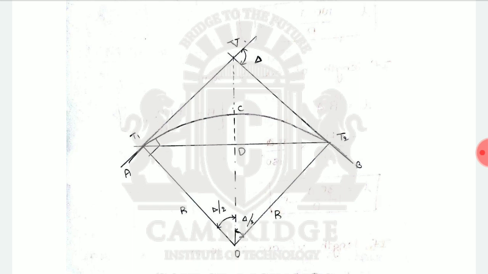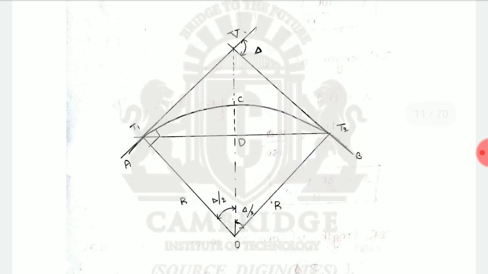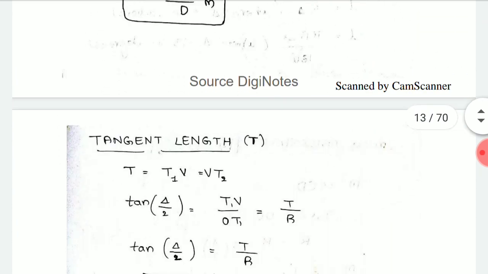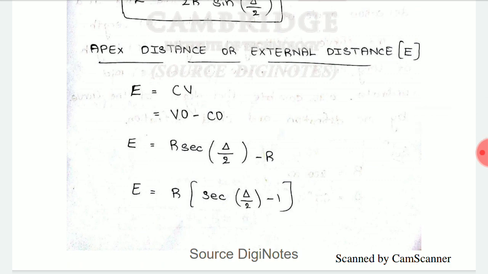Next, to calculate VO, I will consider the same triangle OT1V, where I will write the equation for sec delta by 2. Check it here. So VO I will write in terms of sec delta by 2.